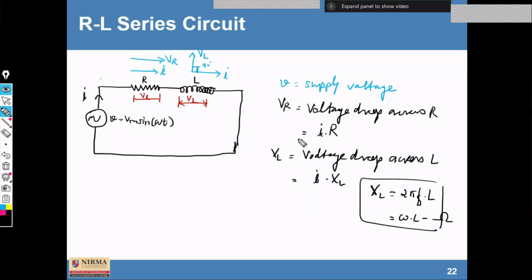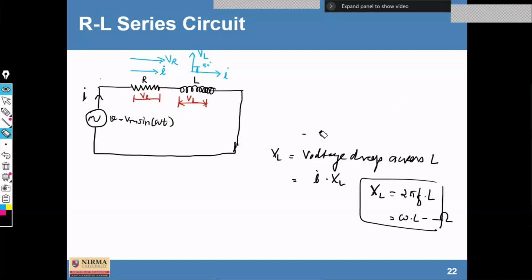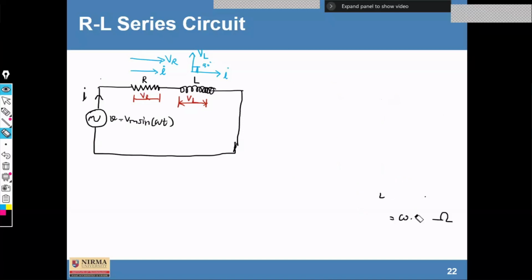So now here the current is a common vector. In that case, we are going to have the vector diagram, so we can draw the different vectors of the combined effect of the RL series circuit. There are current as well as voltages, so two different voltage drops are acting in the same circuit.